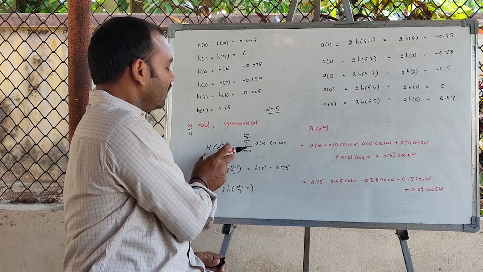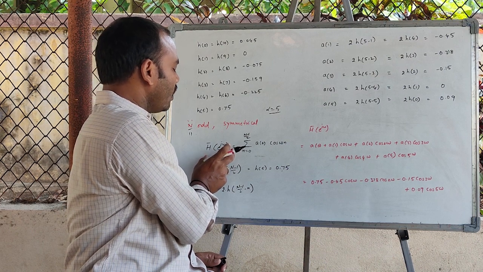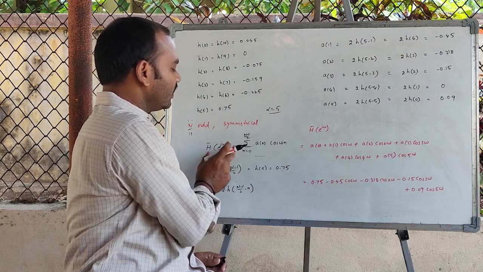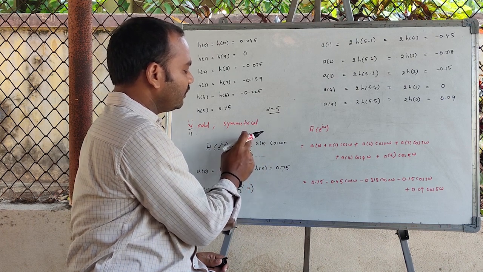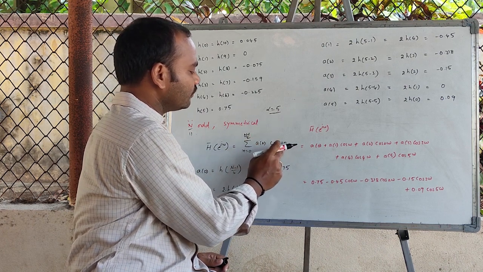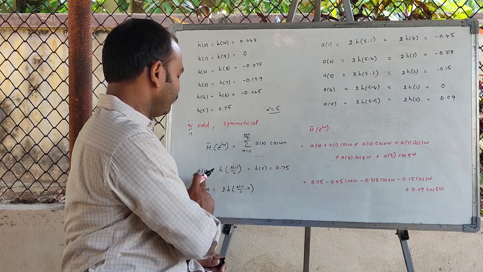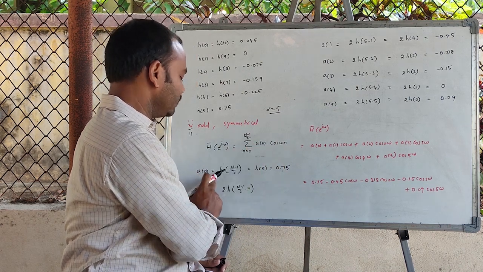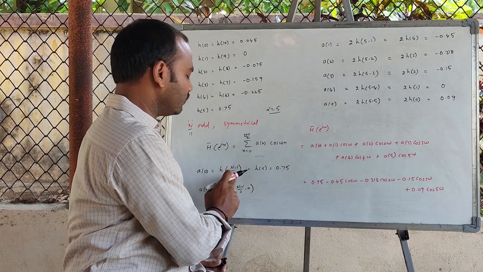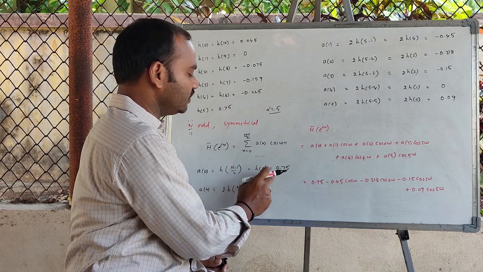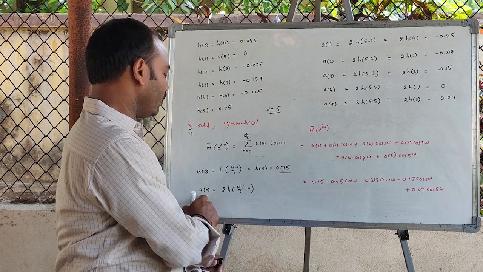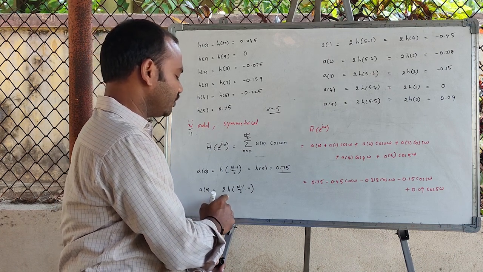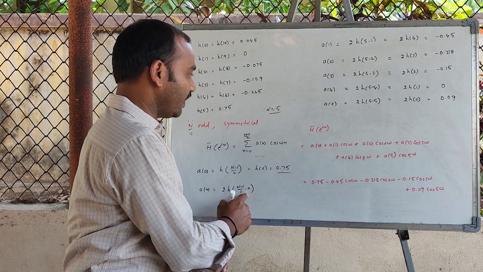So the frequency response of this FIR filter is given as summation from n is equal to 0 to capital N minus 1 by 2 a of n cos of omega n, where a of 0 is equal to h of capital N minus 1 by 2, equal to h of 5, is equal to 0.75. Similarly, a of n for n not equal to 0 is equal to 2 times h of capital N minus 1 by 2 minus n.